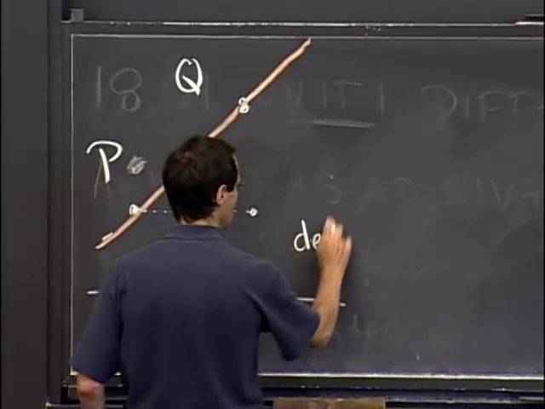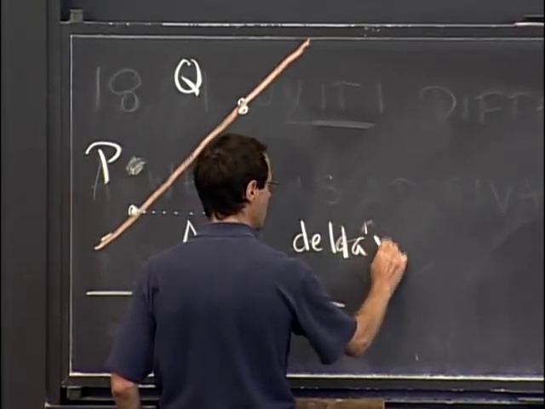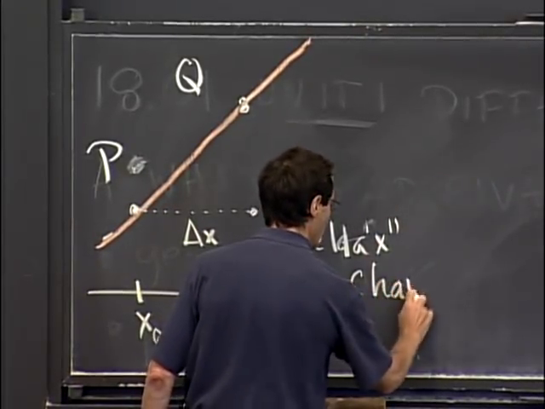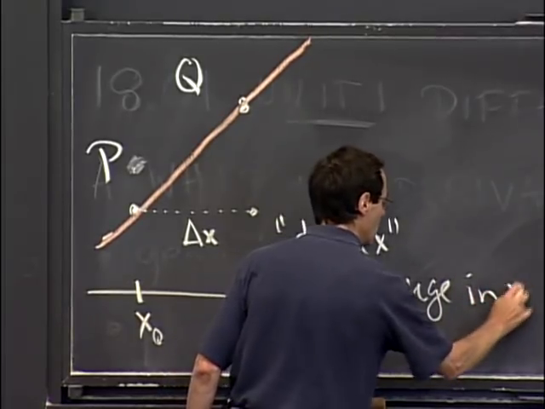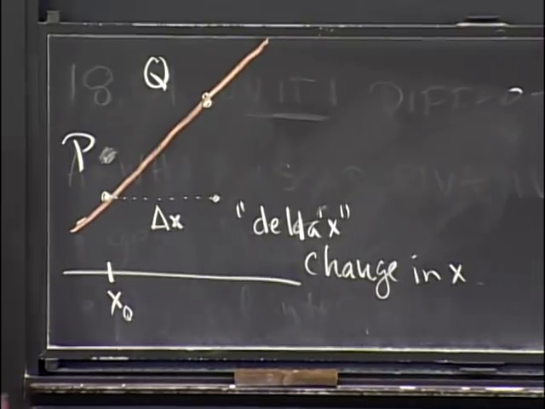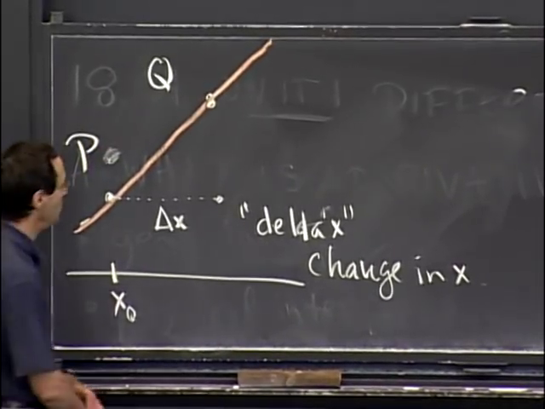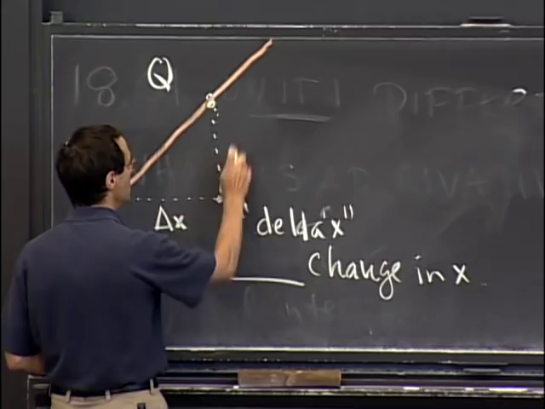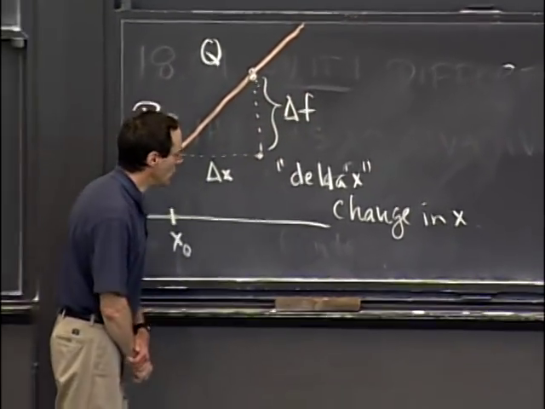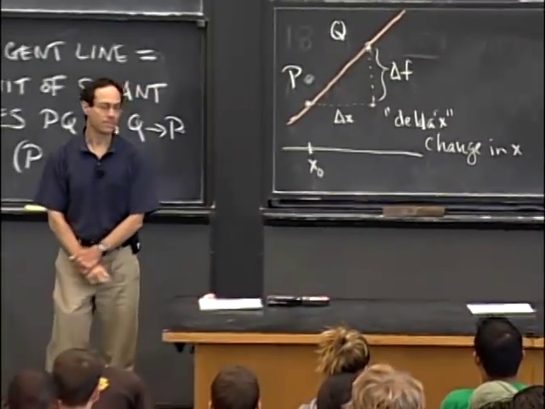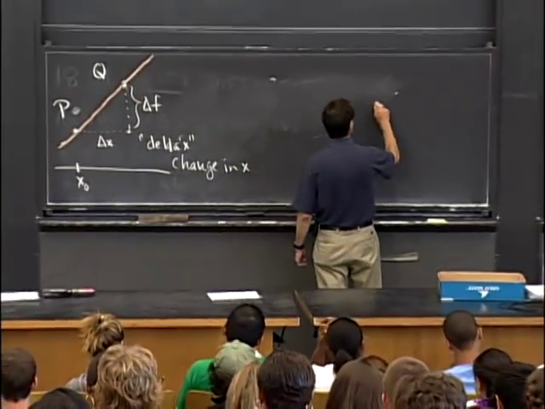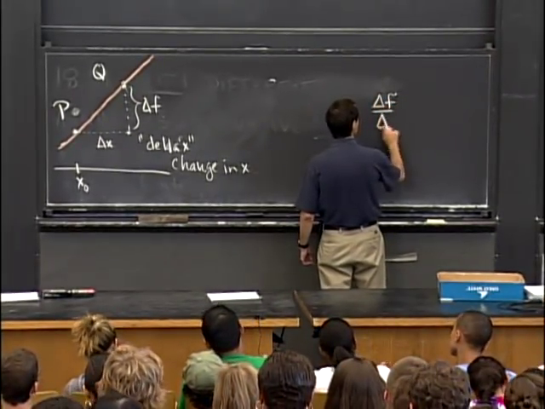So the first notation that's used is you imagine here's the x-axis underneath, and here's the x0, the location directly below the point P. And we're traveling here a horizontal distance, which is denoted by delta x. So that's delta x, so-called. And we could also call it the change in x. All right, so that's one thing we want to measure in order to get the slope of this line PQ. And the other thing is this height. So that's this distance here, which we denote delta f, which is the change in f. And then the slope is just the ratio delta f over delta x.